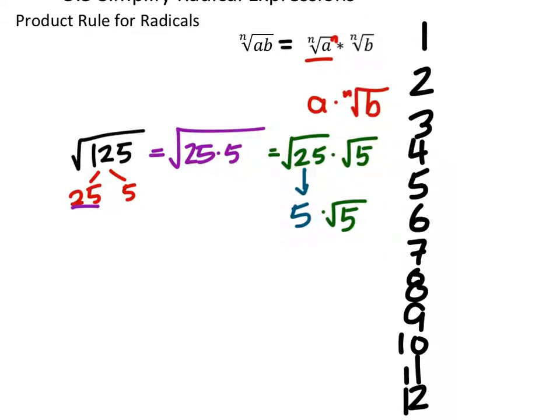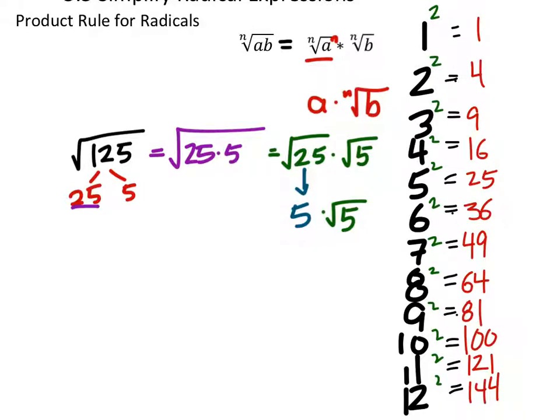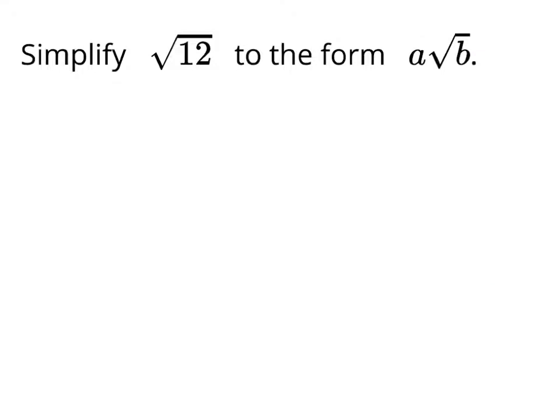So that means if I were to take all these values, 1 through 12, and if I were to square them, then we get values that are perfect squares. So this is a list of all the perfect squares in red right there. So we're looking for these numbers as factors of whatever values we're going to be taking factors of.